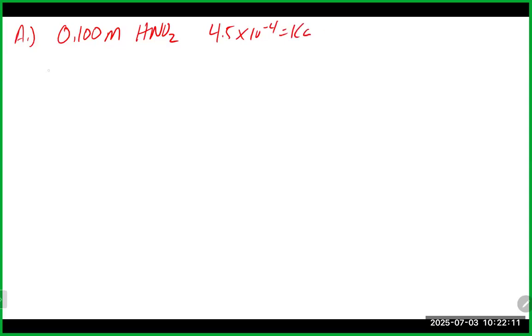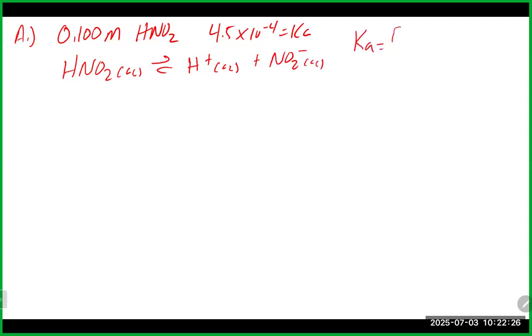So we could go right into just a Ka problem here. Our weak acid is going to dissociate into H plus and nitrite. That's going to give us a Ka of our products over our reactants, which is going to equal 4.5 times 10 to the -4.